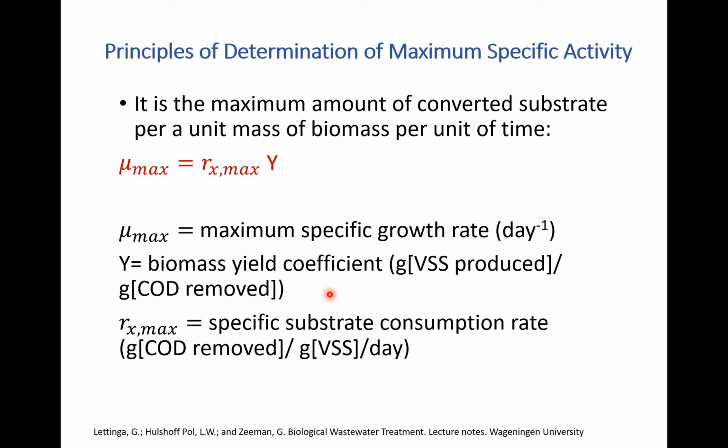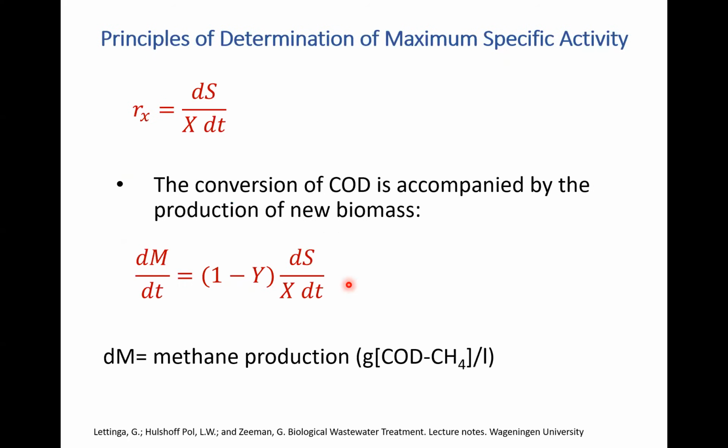Here, the unit of this Rx is gram COD removed per gram VSS per day. Okay. So again, to simplify, Rx equals the change in the substrate during a period of time, dt, from 0 to a certain time, divided by the amount of biomass present in the reactor in this case.